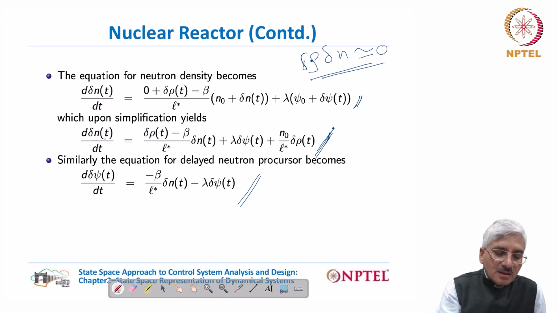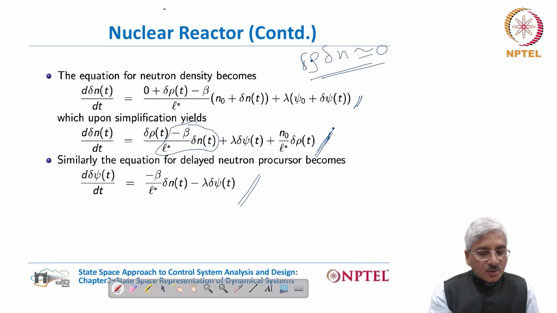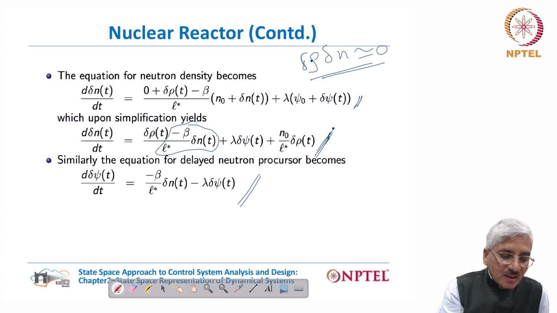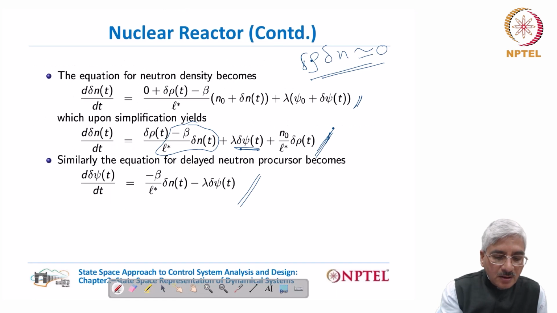dΔn by dt has the term minus β by L into Δn, so that minus β by L comes here. The other term is λ times Δψ, so that λ comes here, and plus n0 by L into Δρ, which is u.